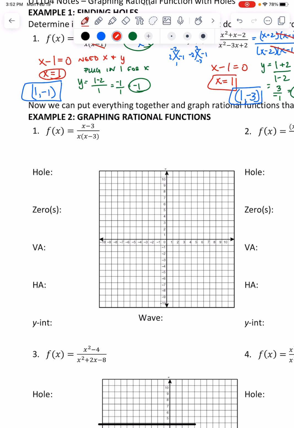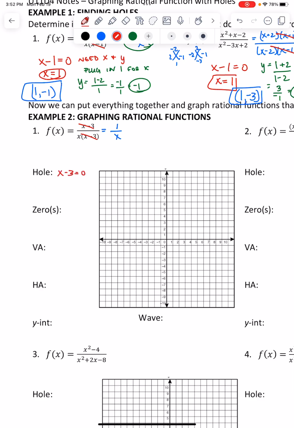Now for number 1 here, find all of this stuff. This one's factored for us. So if we look, we can get rid of x minus 3, and we would be left with 1 over x. Since we canceled out x minus 3, that means there's a hole.